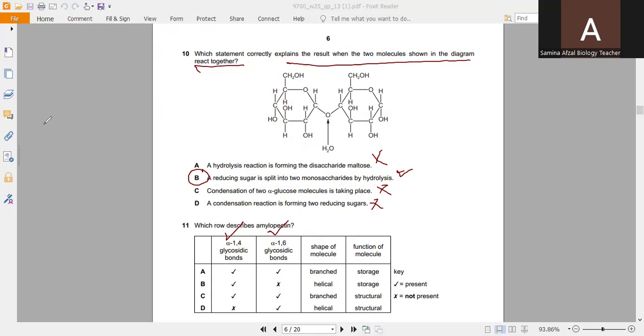So you can see the shape of the molecule is branched because different types of glycosidic bonds are formed in the straight chain and in the side chain. So in this way, it will be highly branched. The function of amylopectin is storage. Its biological function is plant storage in the form of glucose or energy. So according to this, A is the correct option. B, C, and D are not the correct options.